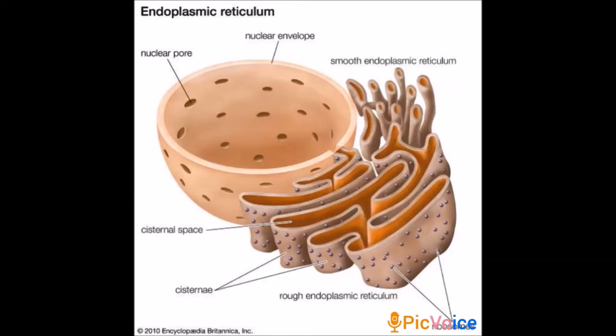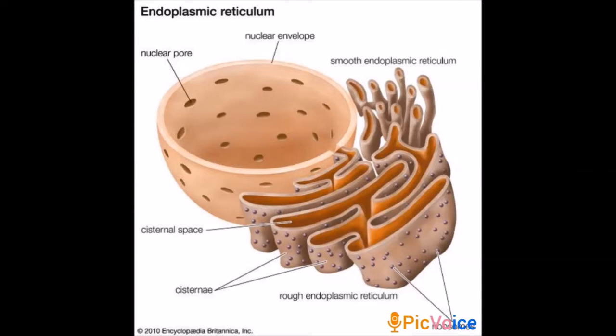Ribosomes are used for protein synthesis, and when they are embedded like this, it is called rough endoplasmic reticulum. On the other side there are no dots, just plain foldings. Such endoplasmic reticulum is known as smooth endoplasmic reticulum, because there is no ribosome.